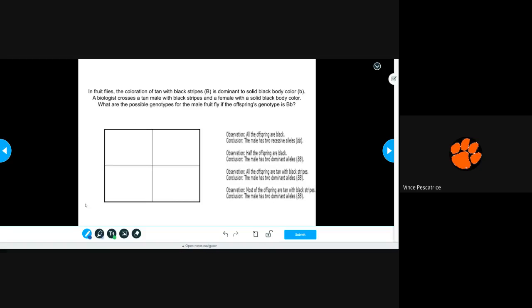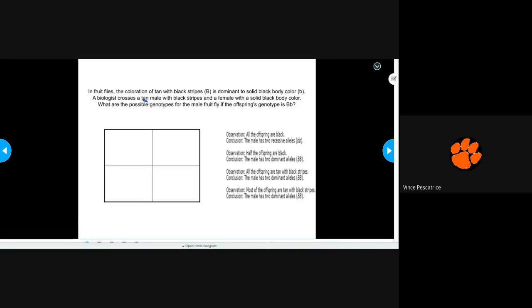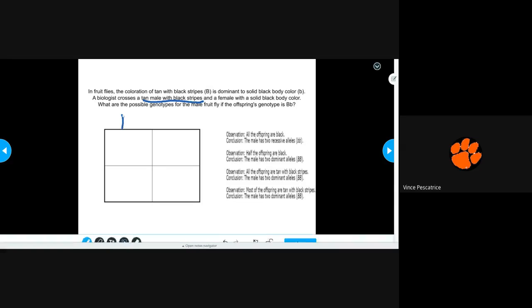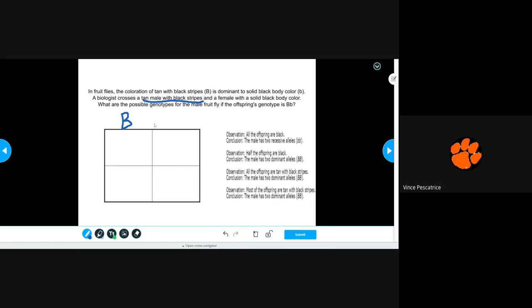All right, so the male, it says here, is a tan male with black stripes. So if a tan male with black stripes means that it has to have a dominant here, this has to be a capital B. So we need to figure out this other one here.